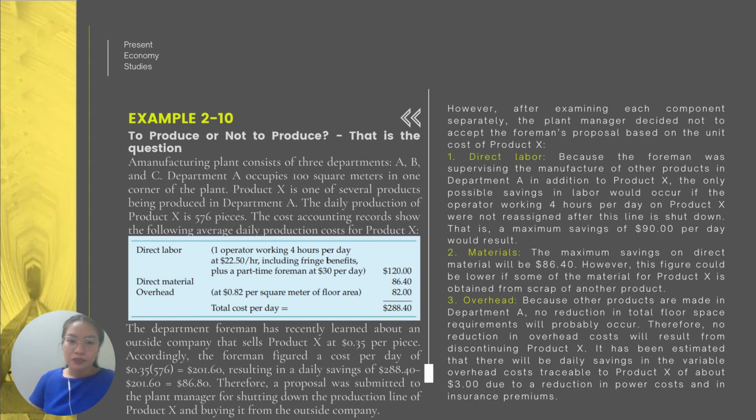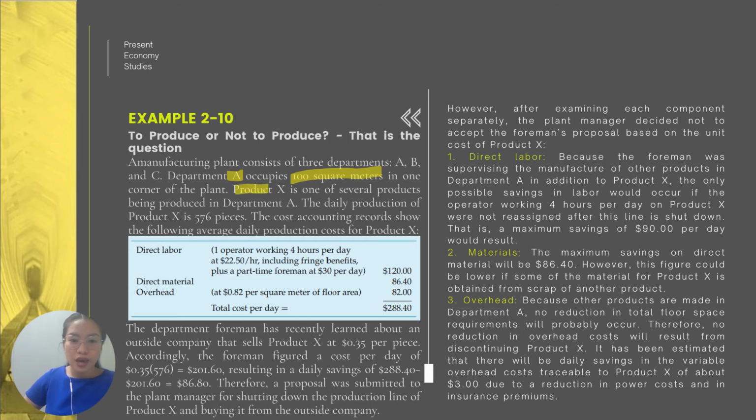Department A occupies 100 square meters in one corner of the plant. Nag-occupy siya 100 square meters.